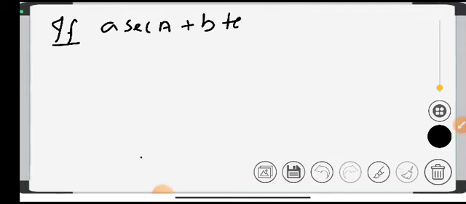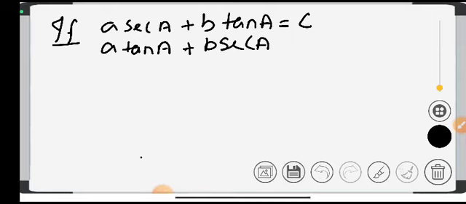Let's jump to the next one. So if you see a question like this, that is a sec a plus b tan a is equal to c, and a tan a plus b sec a is equal to x, so what will be your resultant?